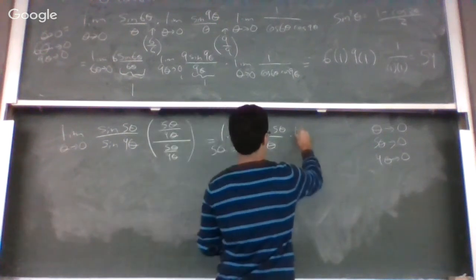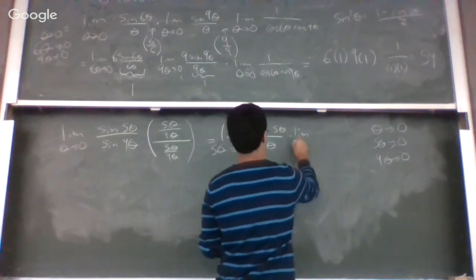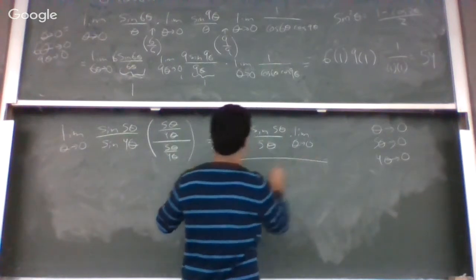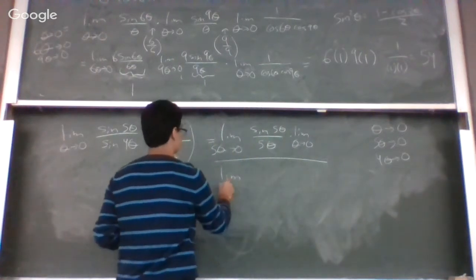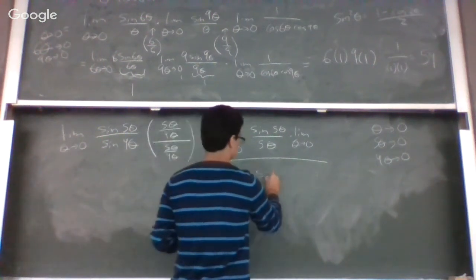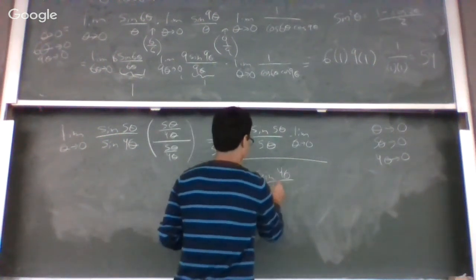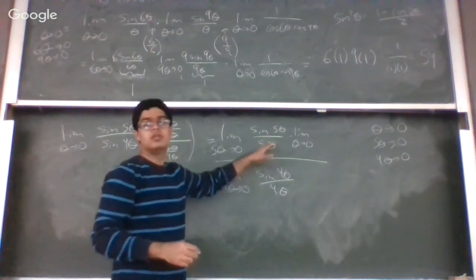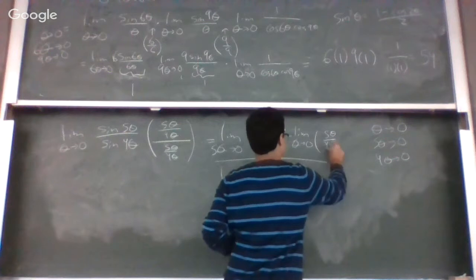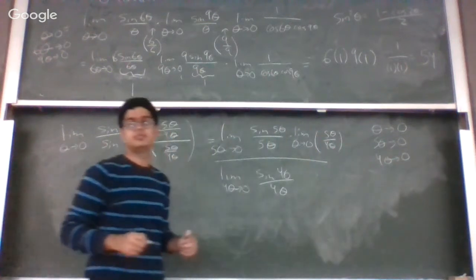Then we still have limit as theta approaches 0. In the denominator, we have limit as 4 theta approaches 0, sine of 4 theta over 4 theta. On the top, we're still left with 5 theta over 4 theta.